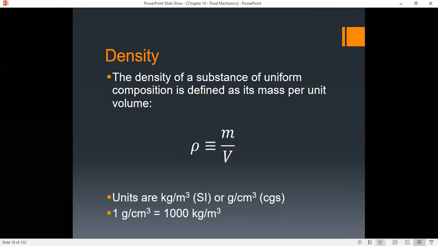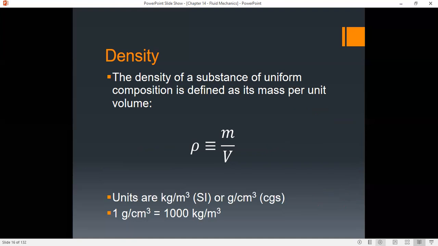Interestingly, we do talk about density, and we normalize it to water. And this is what we call specific gravity. So if you ever hear the term specific gravity, it's really talking about density. And because water is 1 gram per cubic centimeter, the specific gravity is normalized to these units, even though it has no units.